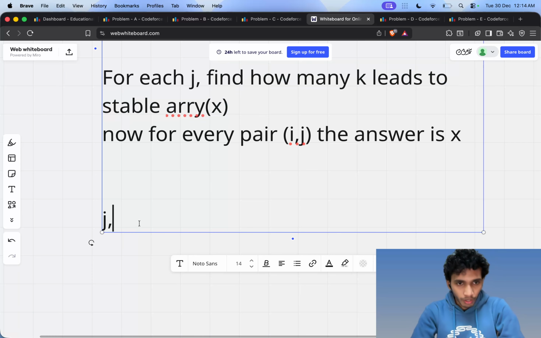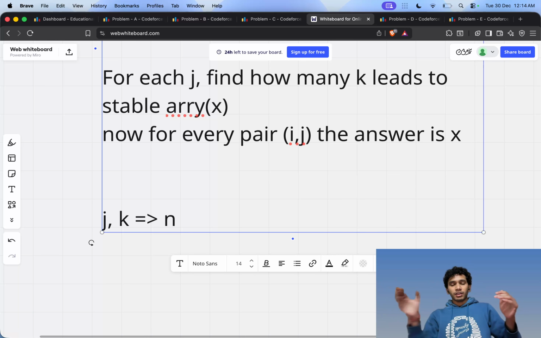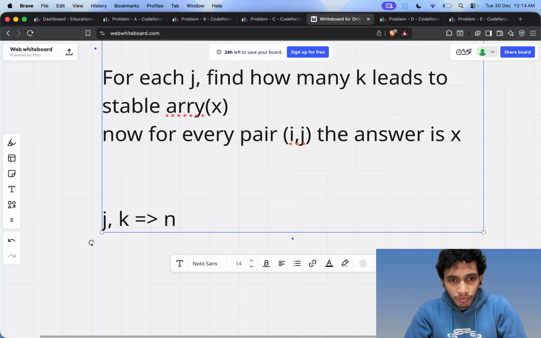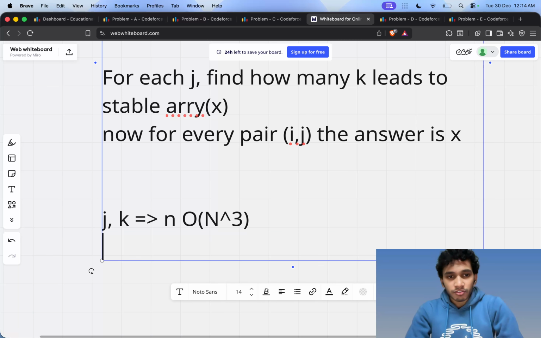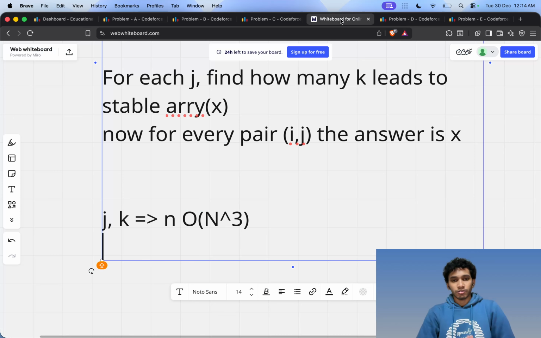If we iterate over all j and all k, and there are n snowballs, and we check whether this particular order gives us stable snowballs, then it will be an O of n cube solution, which is not optimized to pass under this constraint. So we need to optimize this a little bit.